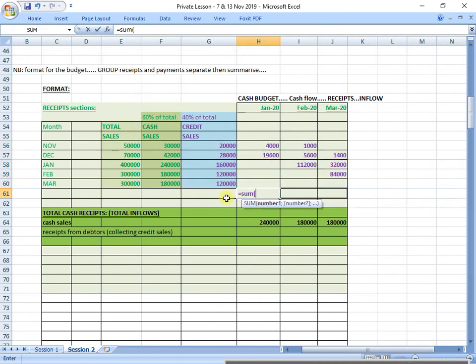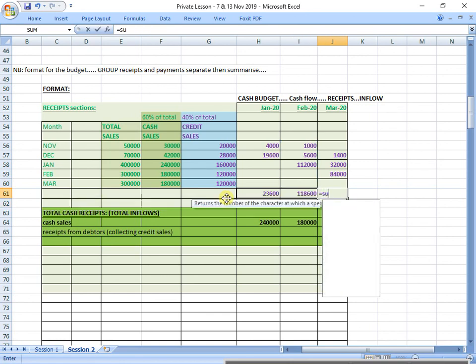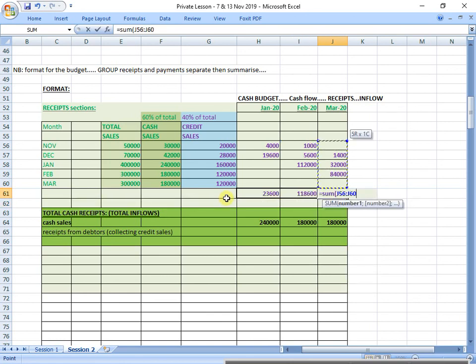Okay, so if I sum up January, and if I sum up February, and if I sum up March, that's going to give me the totals. Okay, so those are the totals for January, for February, and for March.